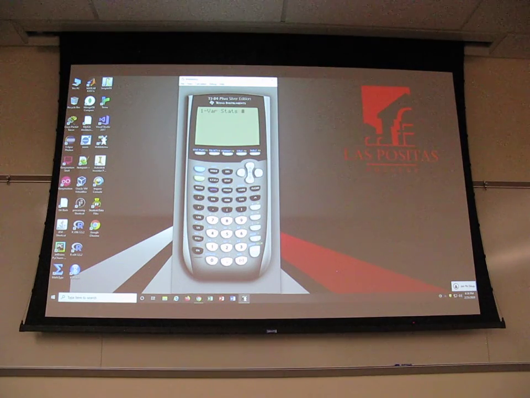So how do you get L1? Do you guys see the little blue L1 down here in the bottom? I didn't hit the blue button to get that, I hit the blue second, and then I hit the 1, and then it pops in. You guys see it right there? The comma is right above the 7. Second, L2. Enter. And it should give you that.